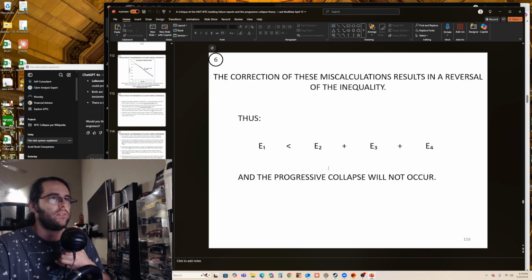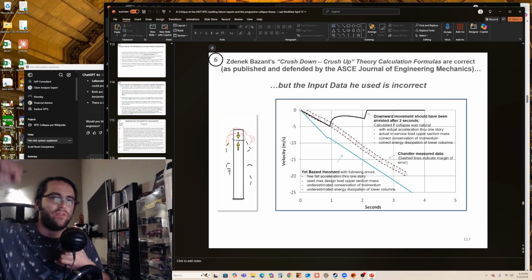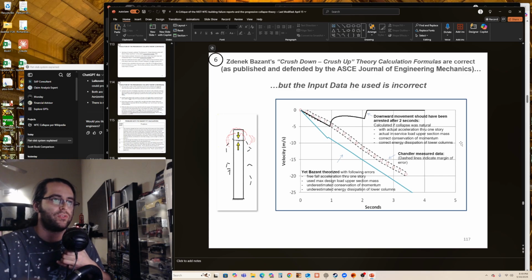Yeah. So, he makes it 2D here to somewhat explain what the math is saying. So what should have happened using correct inputs to Bazant's model is the collapse should have arrested after 2 seconds. With actual acceleration through one story, with actual in-service load, upper section mass, conservation of momentum.